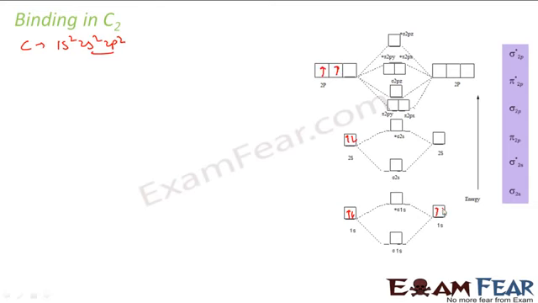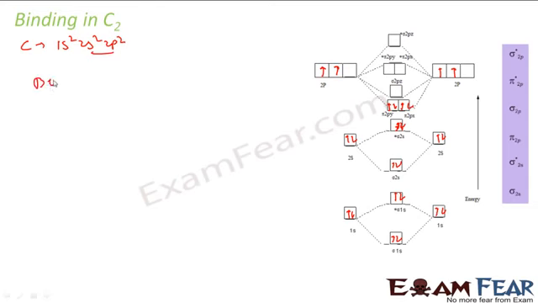Here also same thing. Correct? So let's fill these 4 electrons. 4 electrons. Now we have again 4 electrons here. Right? So 1, 2, 3, 4. Correct?